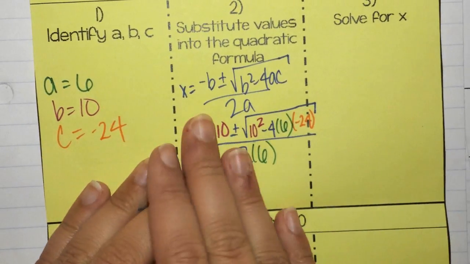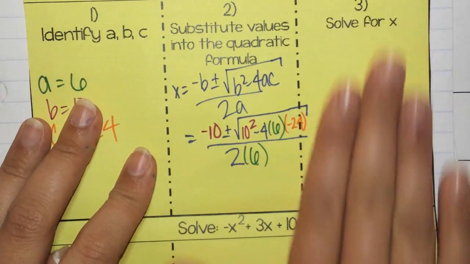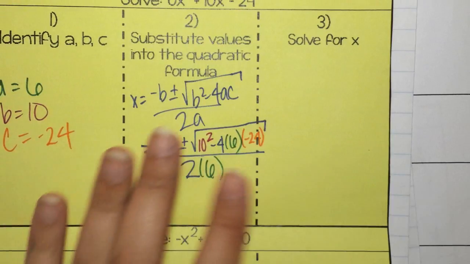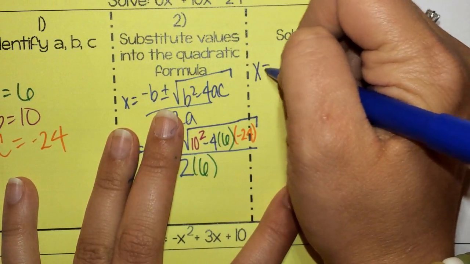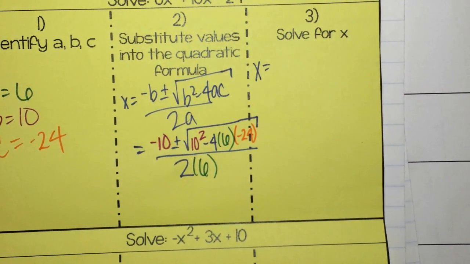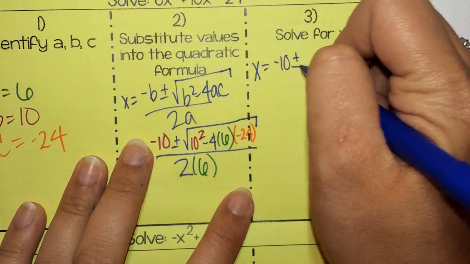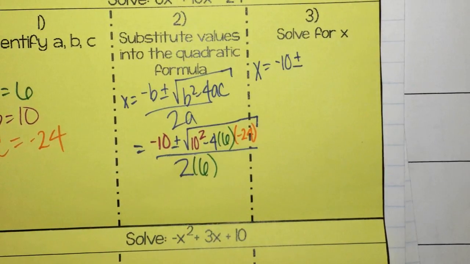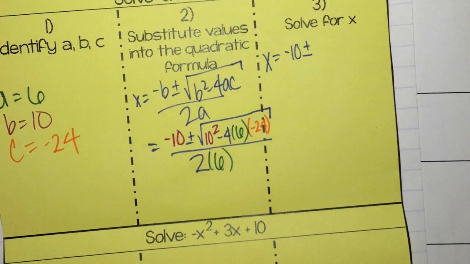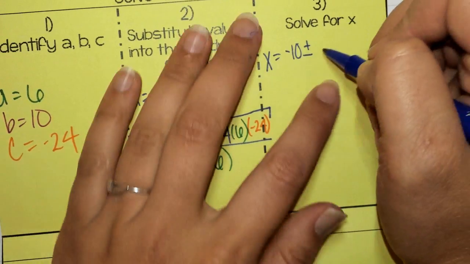Okay, so now that we've plugged it in, we're going to simplify over here. So what we're going to do is write x equals. Is everybody ready? Yes. All right, we're going to write negative 10 plus or minus. Now we're just going to simplify because we're ninjas. What's 10 squared? 100.